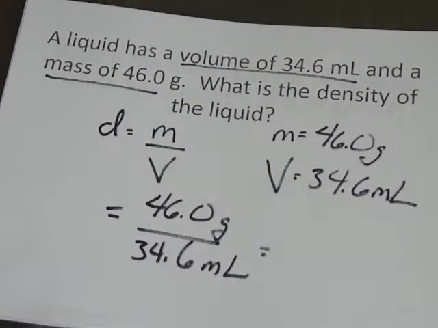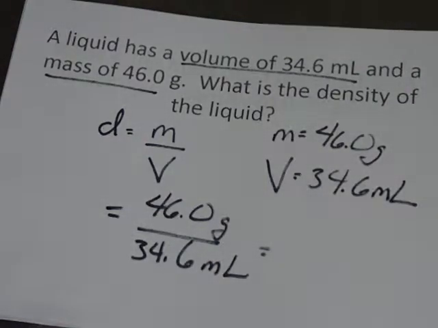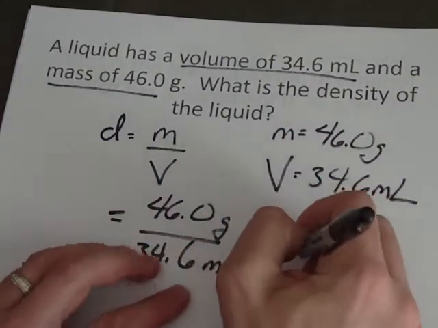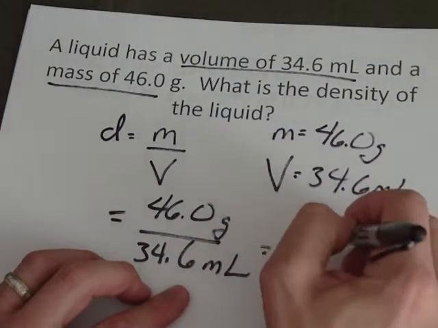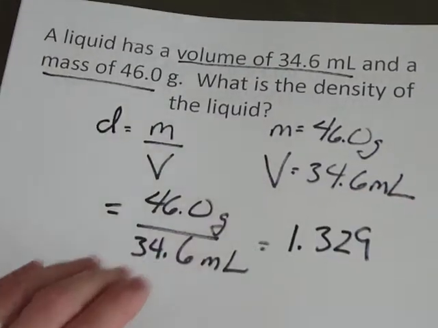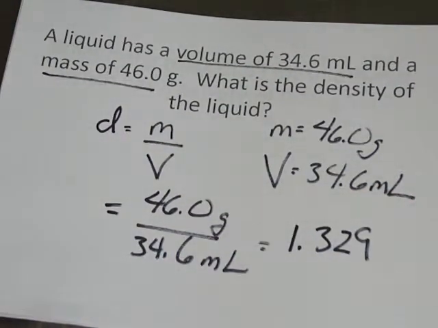And when we plug this into our calculator, we get 46 divided by 34.6. We get 1.329 and other digits.